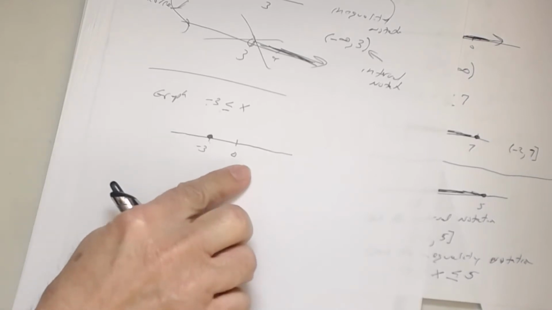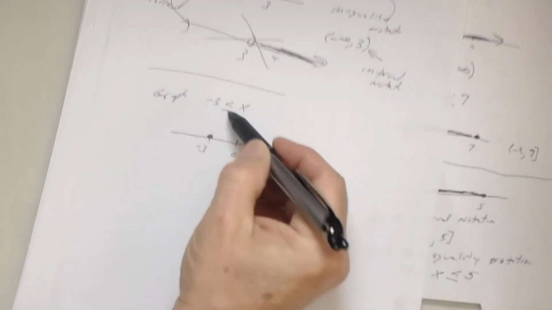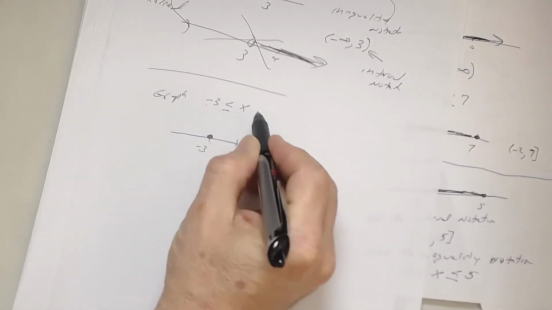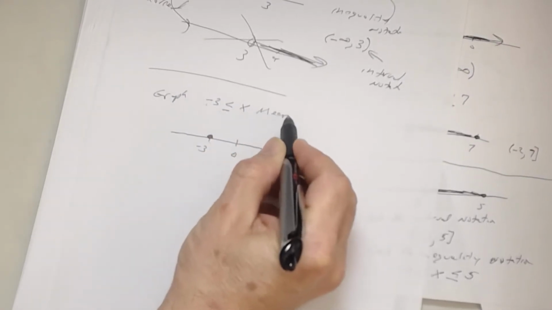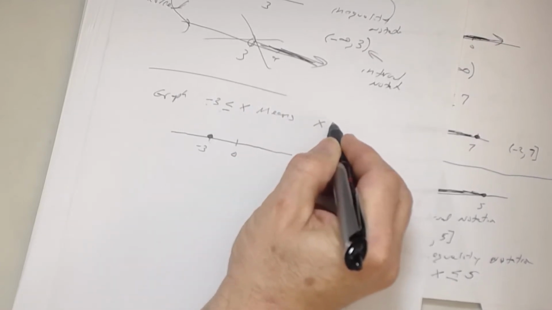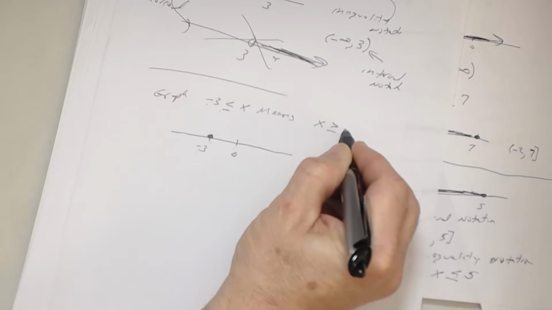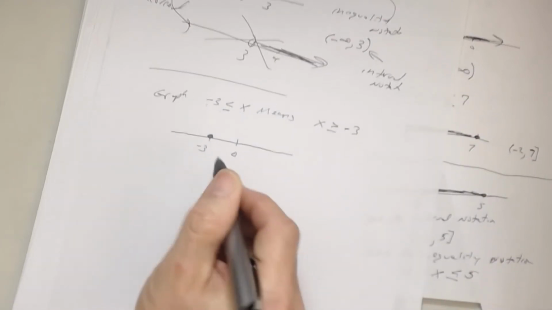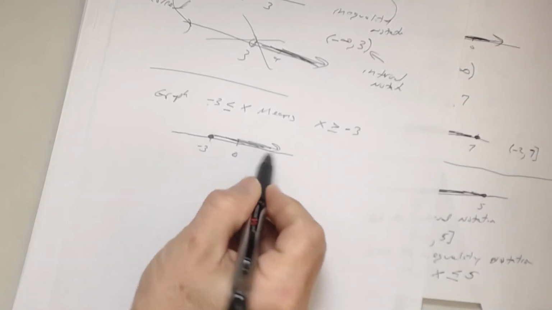Remember, the closer you get to 0, the bigger your negative numbers are, right? Okay. So remember, this means that x is what? Greater than or equal to -3. So here's the graph. That's your graph.